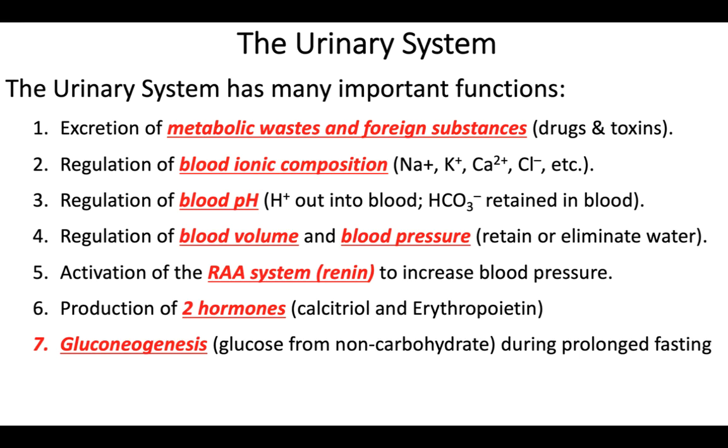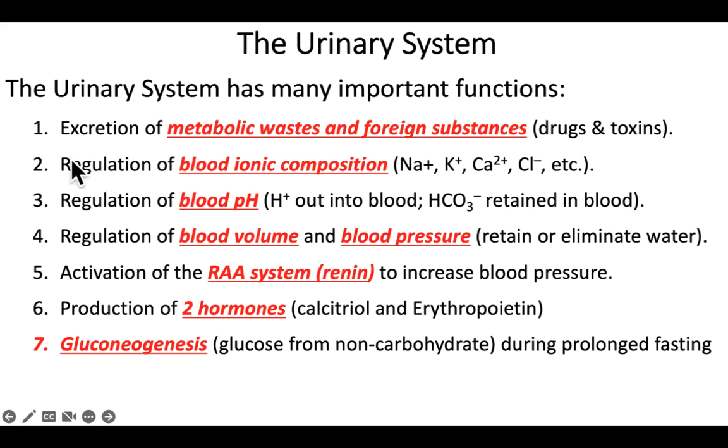If that waste molecule accumulated, it could be toxic, so we have to get rid of it. This could also include the excretion of foreign things that, if allowed to accumulate, could cause damage. So medications or drugs, toxins, not all of them, but certain drugs and toxins can be excreted from the body.